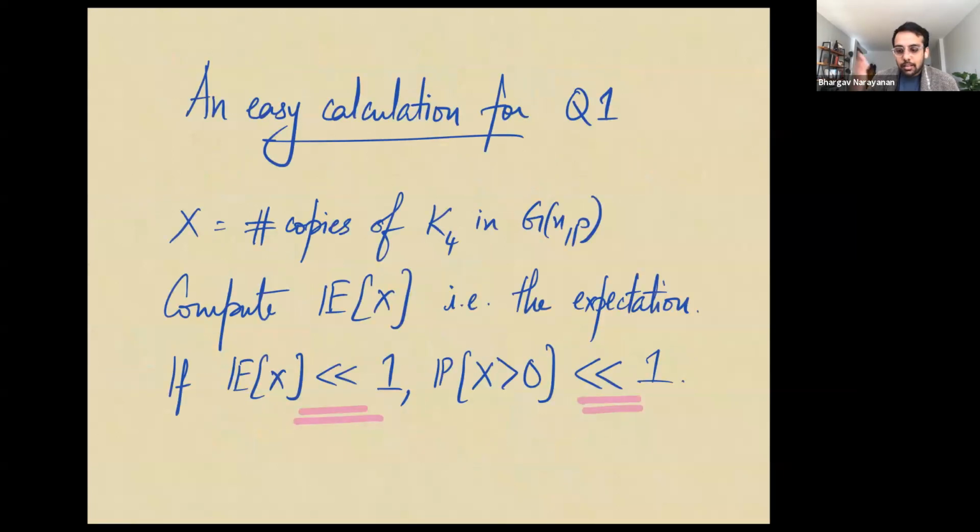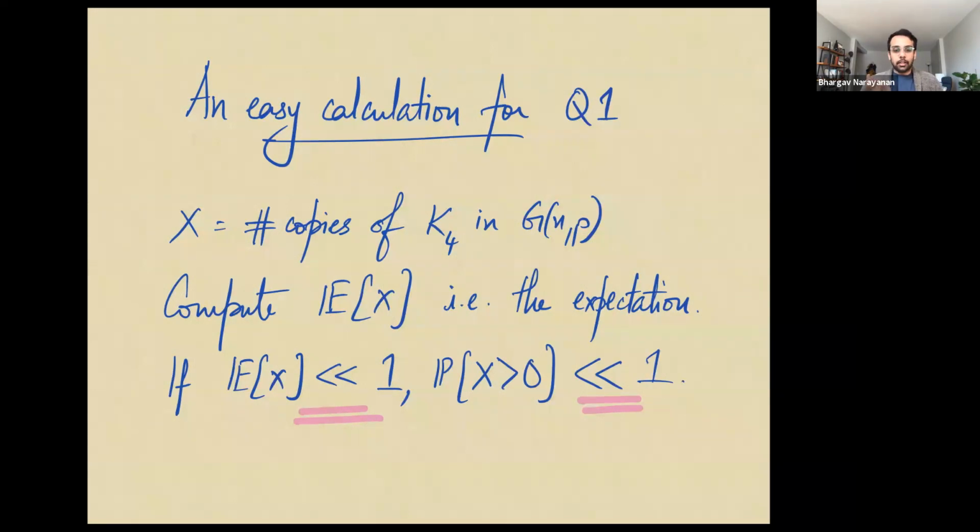With that said, let's go ahead and answer question 1, because I promised you these are mostly easy questions. So how might we go about answering this question? We're asking, when is there at least one K4 in G(n,p)? The standard thing to do when faced with that sort of question is to compute the number of such copies.